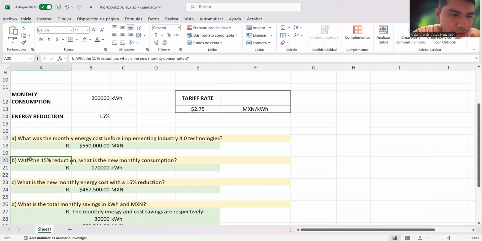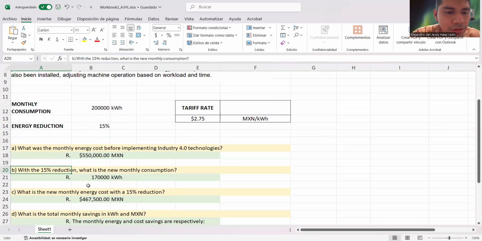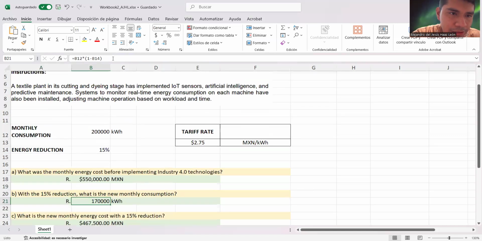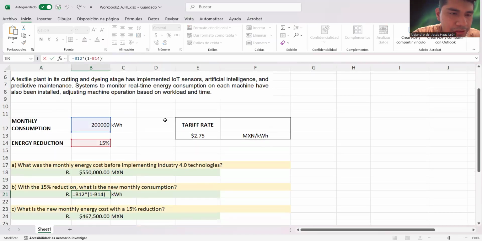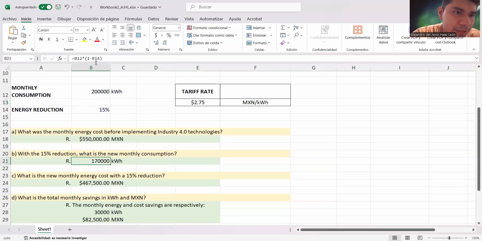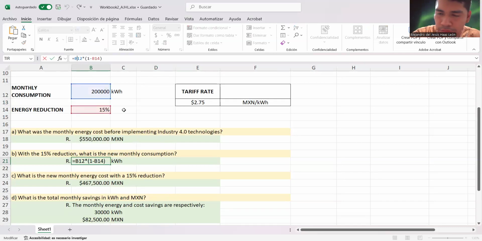Then the question would be, with the 15% reduction, what is the new monthly consumption? Well, we're making this operation. This means that we have the monthly consumption before implementing the technologies.